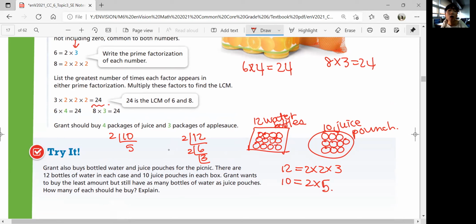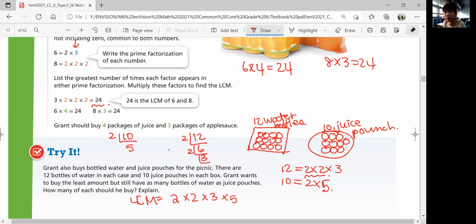And so look at the different prime numbers. You have 2 multiplied twice. That would be the biggest number of multiplications, right? So your LCM is 2 times 2. And then you have 3, so you've got to include 3. And you have 5, so you've got to include 5. You need to include all the different prime numbers.